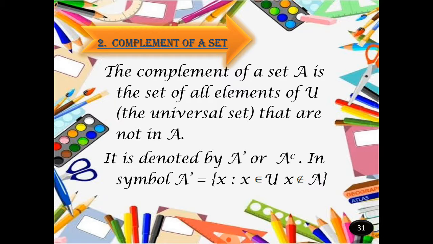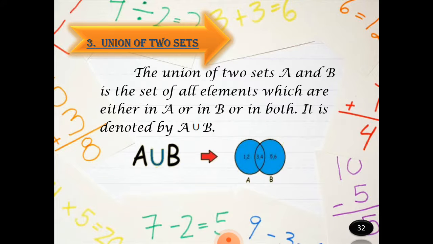A complement is nothing but the elements which are not in A, and it will be written as A bar or A complement. In simple terms we say it like this: A bar is equal to A dash is equal to {x : x belongs to the universal set, x does not belong to A}.